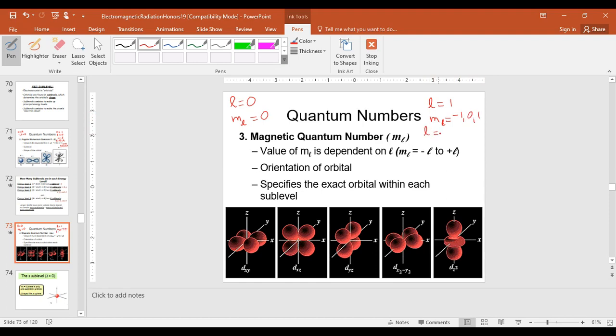When L is equal to 2, M sub L will equal negative 2, negative 1, 0, 1, and 2. When L is equal to 3, M sub L will equal negative 3, negative 2, negative 1, 0, 1, 2, and 3. Okay, so you're going to see how this comes into play with the next slide.